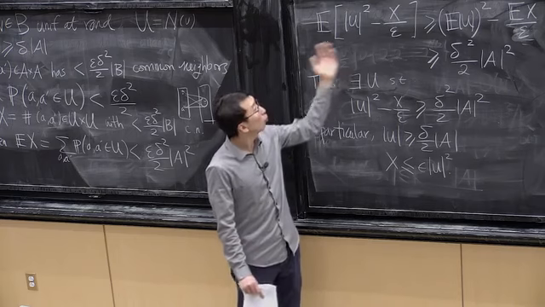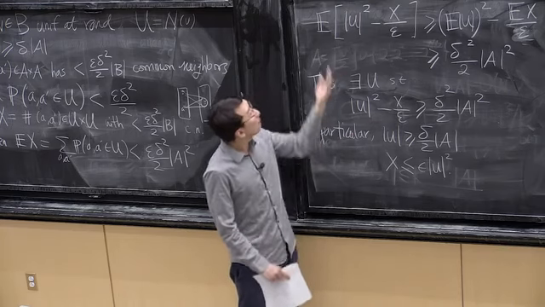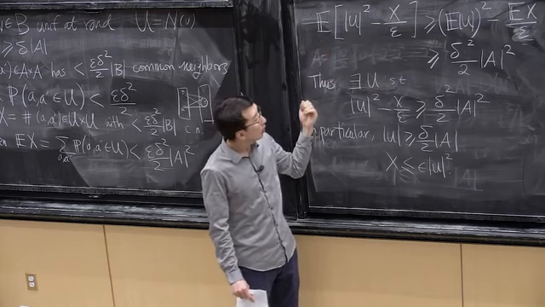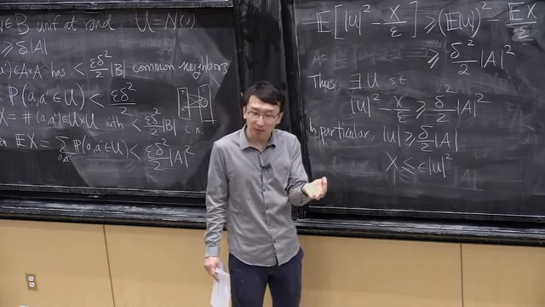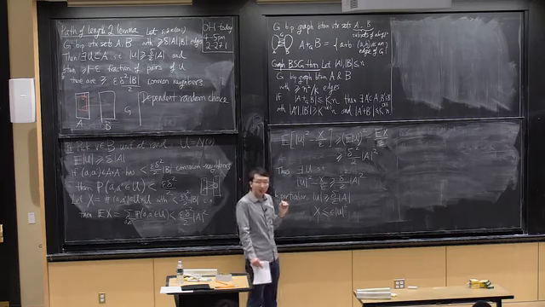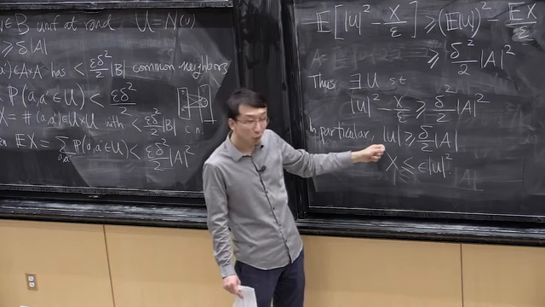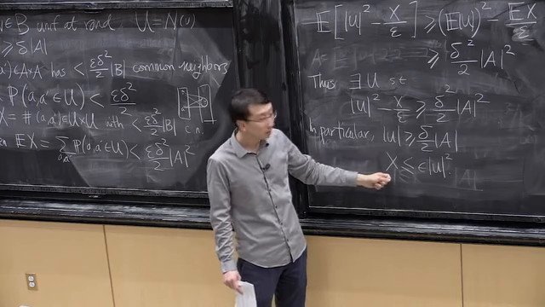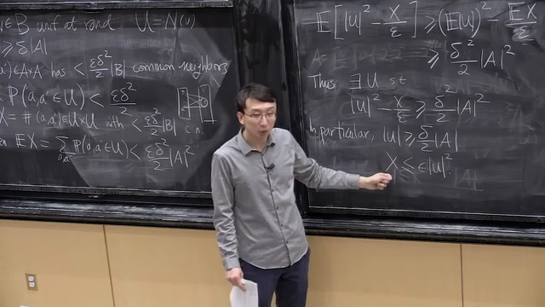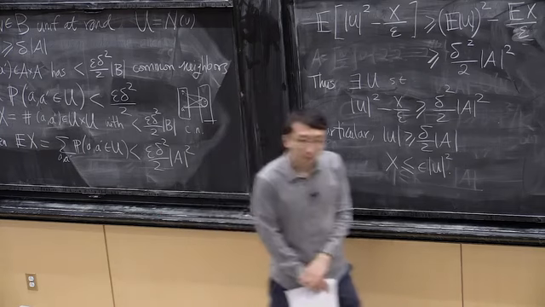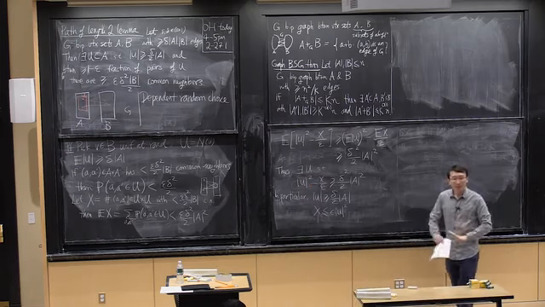So you have this inequality over here, and because it's an expectation, it implies that there's some specific instance such that without the expectation, the inequality holds. So take that specific instance, we obtain some U such that this inequality is true, which simultaneously implies that U is large and X, the number of bad pairs, is small. Okay, so that was dependent random choice.